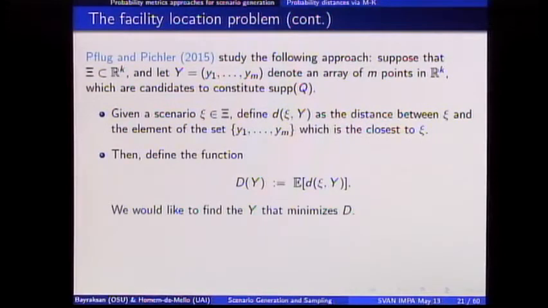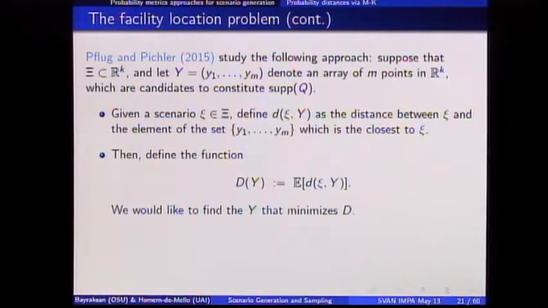Now define this function as a function of the Y's. Y here is actually a matrix, because each vector Y is a point in R^k. But still, one can define this function D of Y, which is the expected distance between C and Y. We know the distribution of C, so this quantity is well defined.